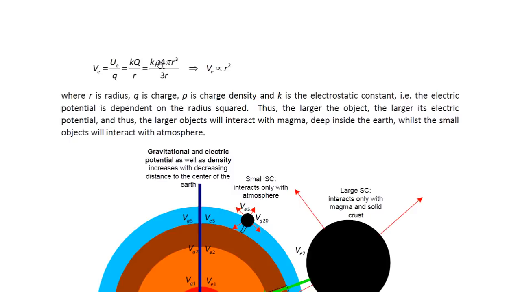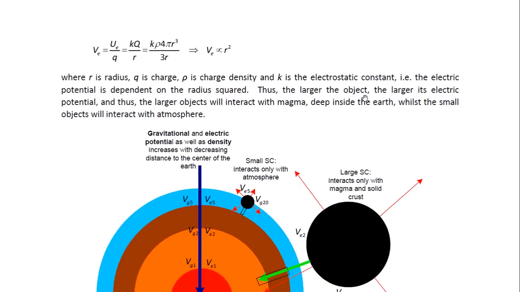Rho is the charge density, times the volume, which is 4/3 pi r cubed, and then divided by the radius of the object. And then one of the r's cancels into r cubed, we get r squared. So that means that the electric potential is proportional to r squared, the object's radius squared.